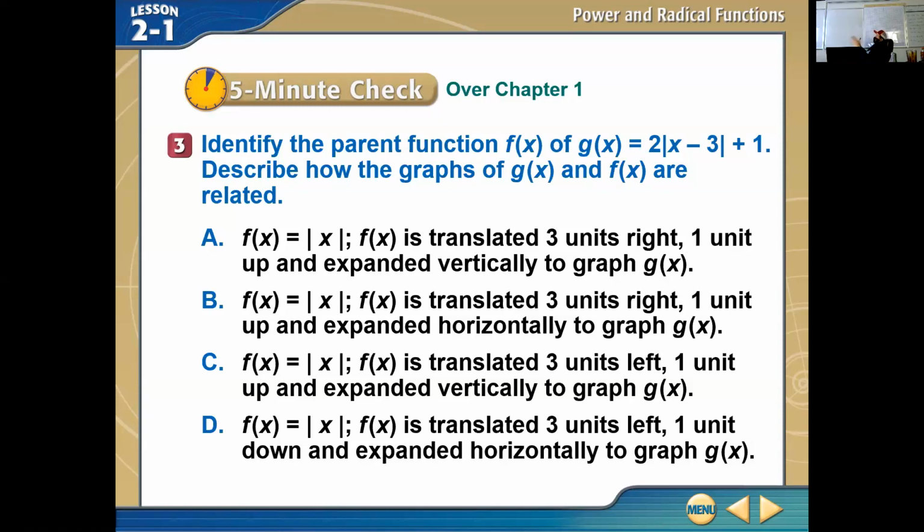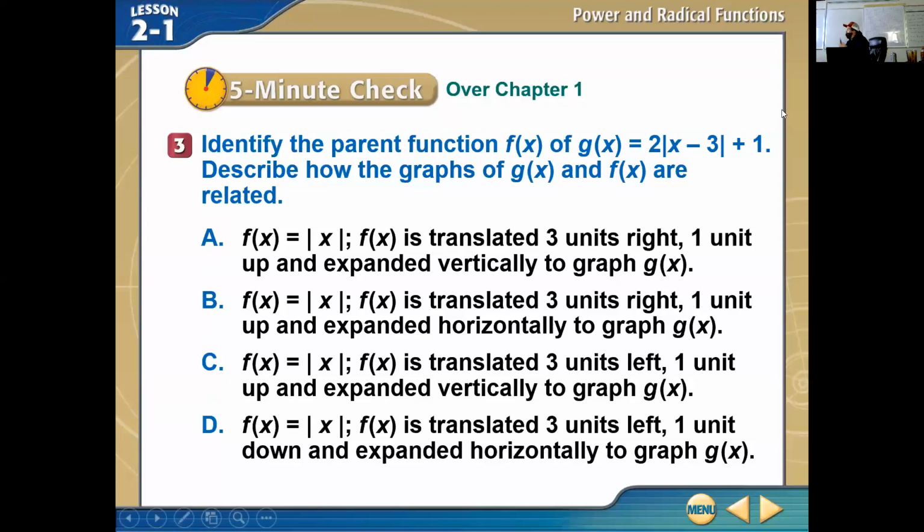So now we have to look at the translations that are happening. Notice that we have a value of 2 where a should be. This is your vertical dilation factor. That means this graph has been stretched by a factor of 2 vertically. Then we have an inside transformation, and since it's minus, that's going to move it 3 units to the right.